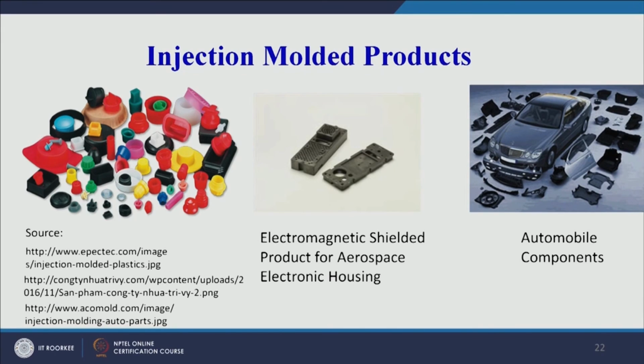So injection molding is a very important plastic processing technique, which I as a teacher believe all engineers must know, so that they are able to figure out which part has been made by which process, or at least that this part may have been made by the injection molding process. That much information all engineers must have.